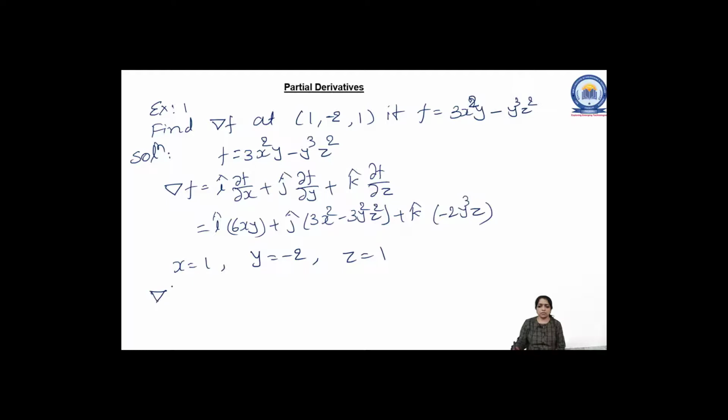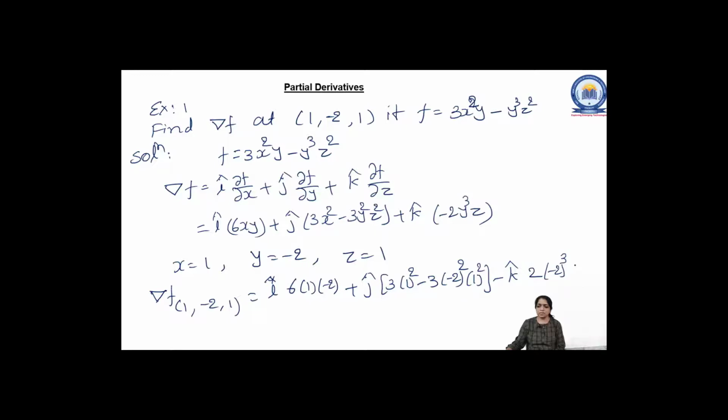So the gradient of f at the point (1, -2, 1) is i keep it the same, 6 times x is 1, y is -2, plus j, here 3 times 1 squared minus 3 times (-2) squared and z is 1 squared, minus k, 2 times (-2) cubed and z is 1.